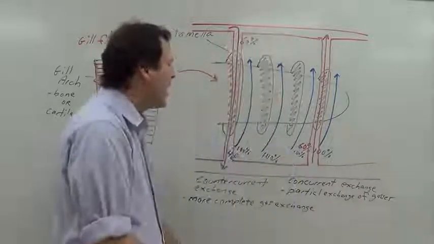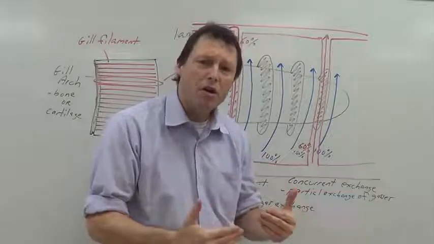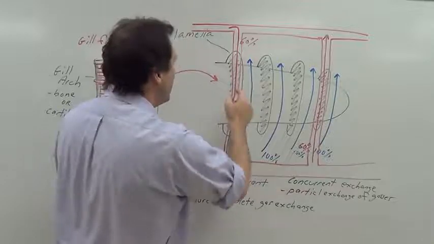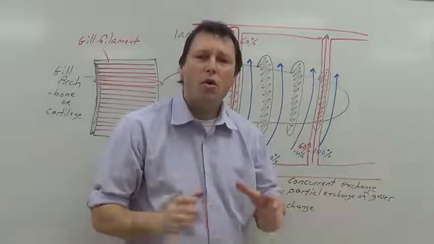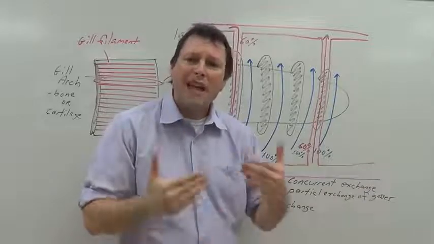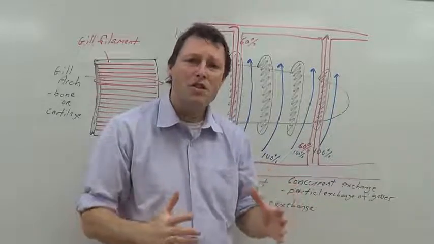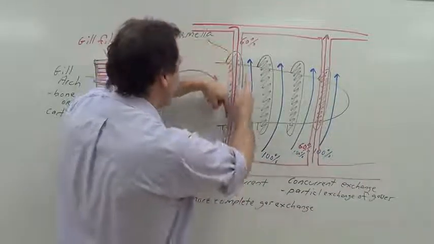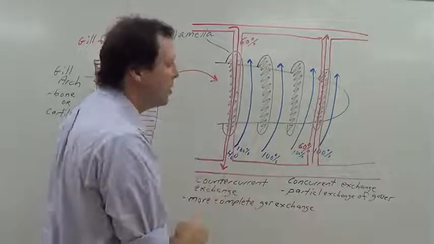And really that's what the countercurrent is all about. The countercurrent ensures that there is going to be a continuous concentration gradient across the entire gill filament. So one more time, the claim to fame that the countercurrent mechanism has is it allows a continuous concentration gradient to be occurring across the entire gill filament.